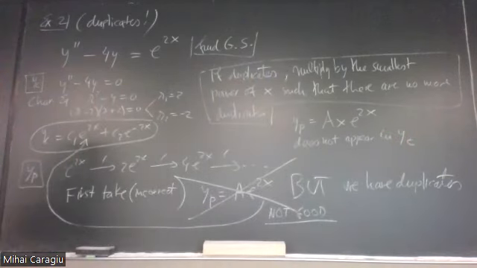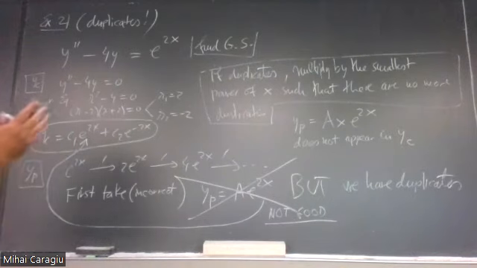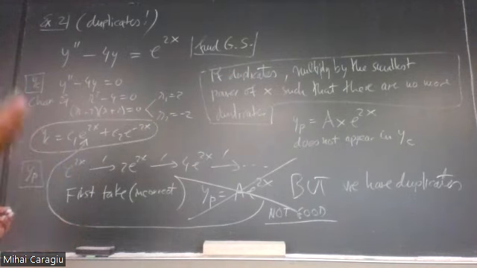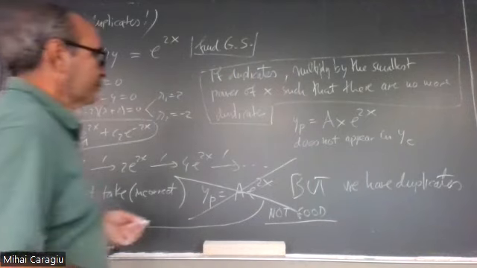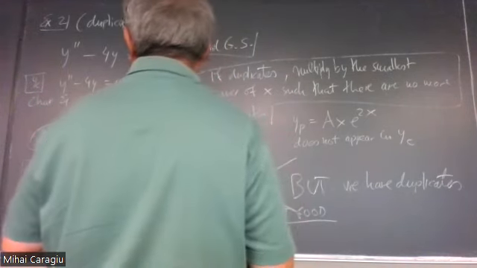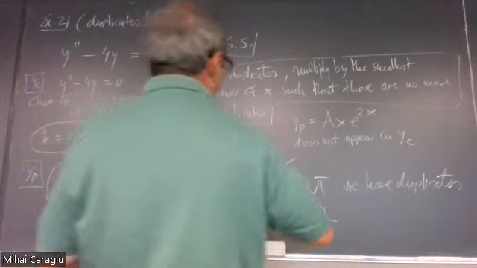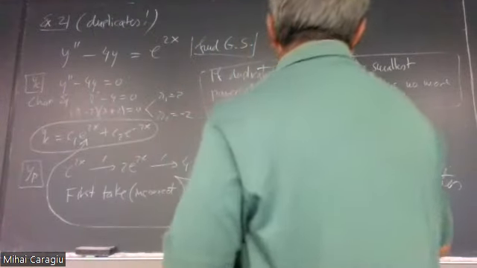So now we know that's the process of thinking: if there are duplicates, we discard the wrong y sub p and instead multiply by the smallest power of x such that there are no more duplicates. Okay, so I need to erase a lot of stuff here and keep the fruit of the work.